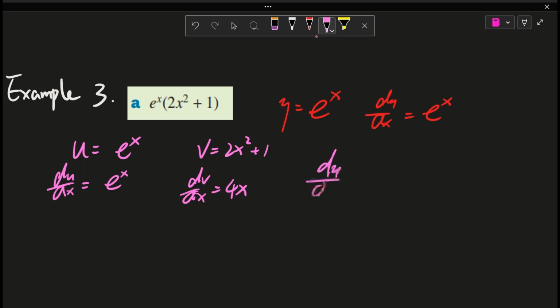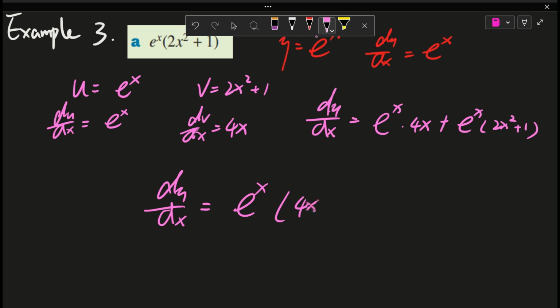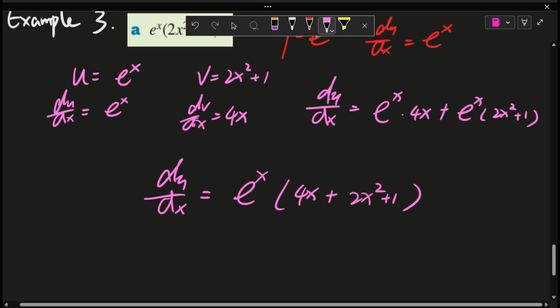And dy/dx equal to e^x times 4x plus e^x times (2x squared plus 1). And we both have e^x, so we can rewrite dy/dx equal to e^x (4x plus 2x squared plus 1). That's it.